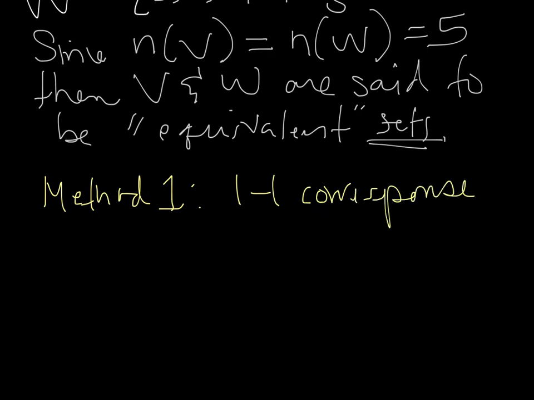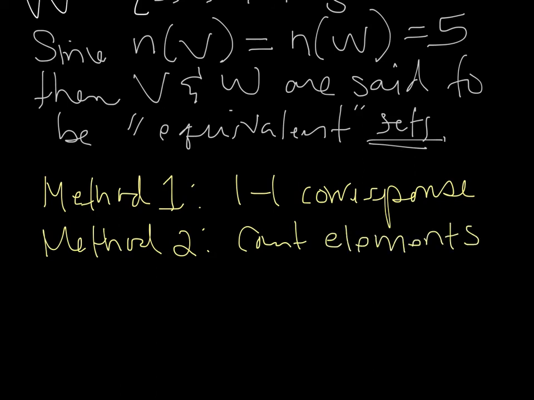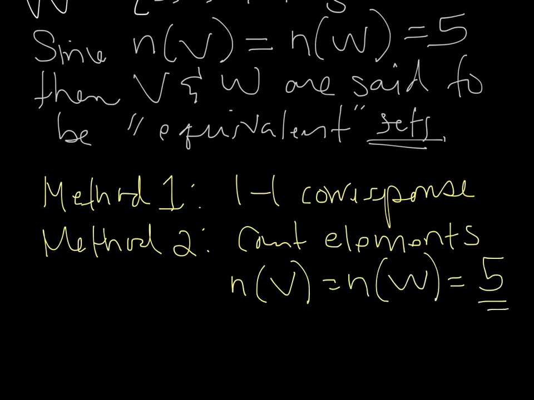That's more for visual learners. And method 2 is you can count the elements. And that's what we did when we said n of V was equal to n of W. We counted the elements and it was 5, but it's the same thing. Okay, so I'll stop here and I'll move on to the next video.